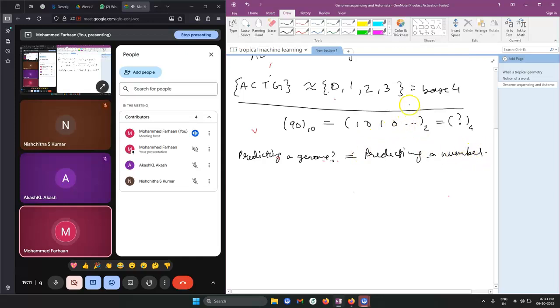Okay. So in comes our own cooked up concept called a third automata. Let me just bring my book.